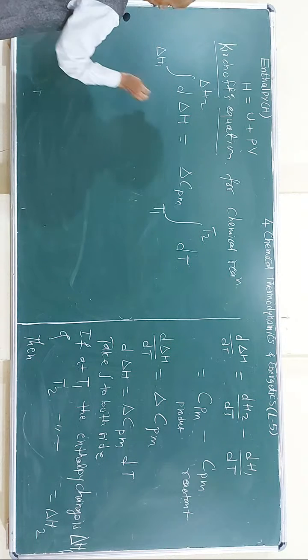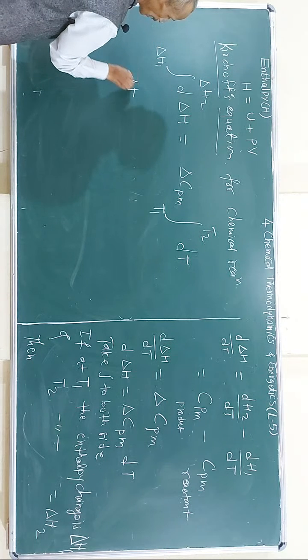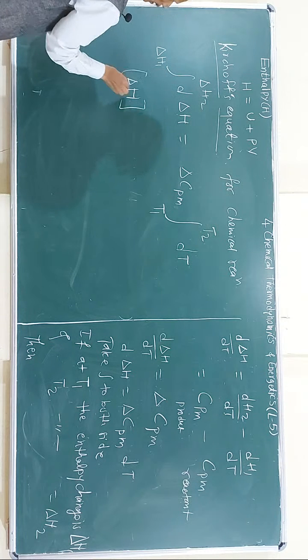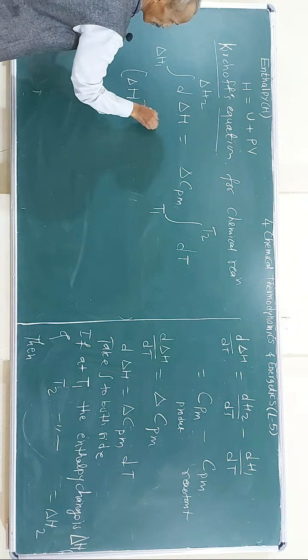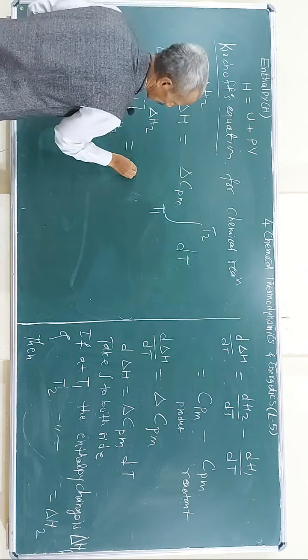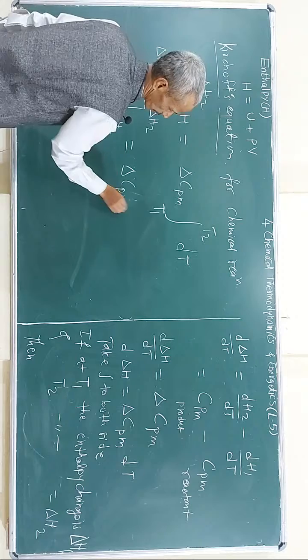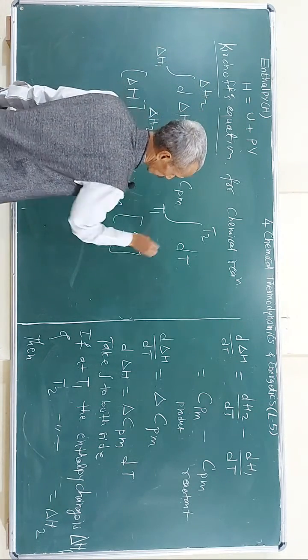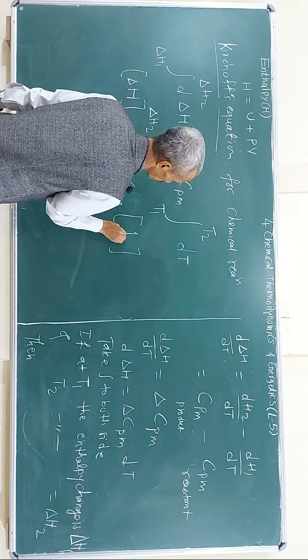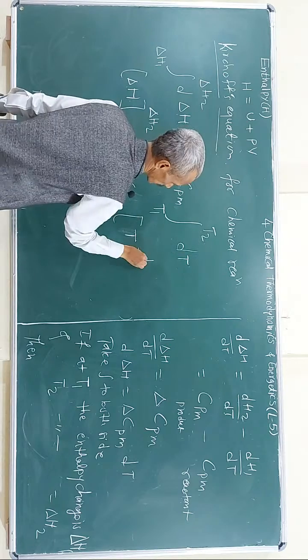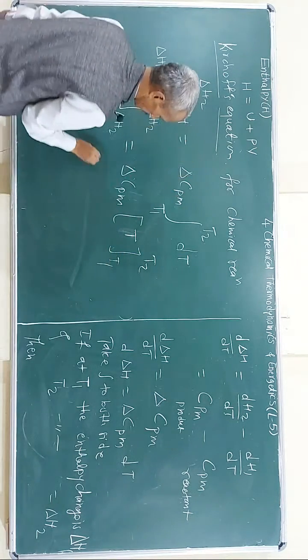So one can write delta H, upper limit minus lower limit, equals delta Cp,m times the integral with respect to T, which is simply T, between T2 and T1.